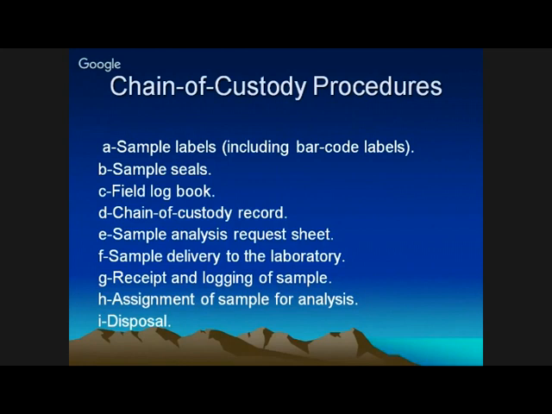Then the sample analysis request sheet. From the field you have to submit a sample analysis request sheet, in which you indicate the parameters, how many parameters we have to analyze in the samples. For example, if it is a sewage sample, then important parameters are BOD, pH, conductance, oil and grease.